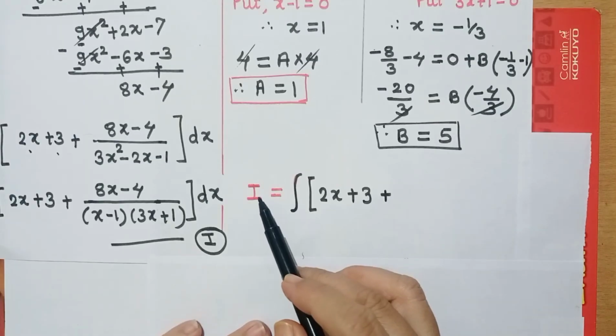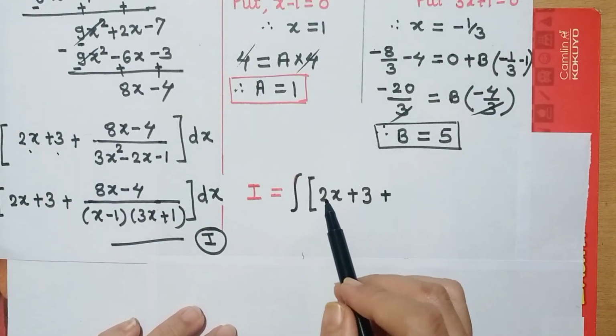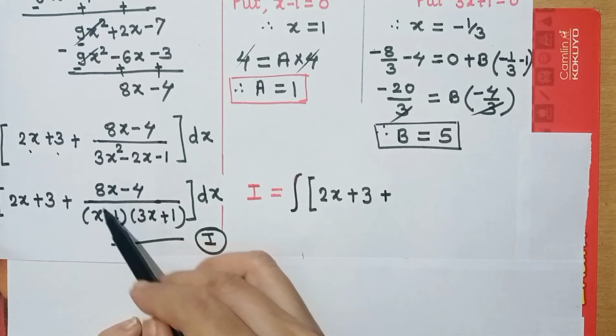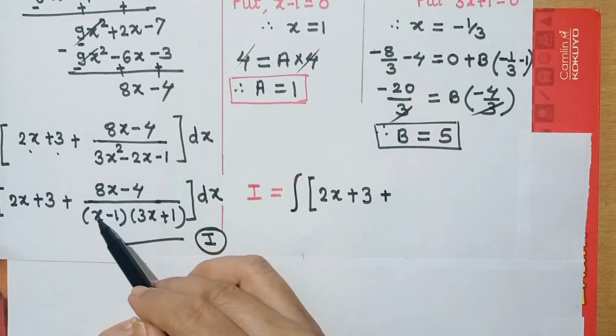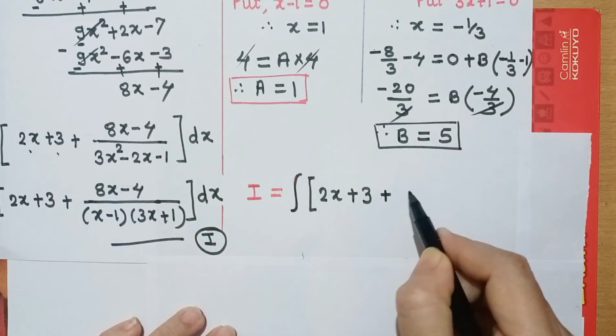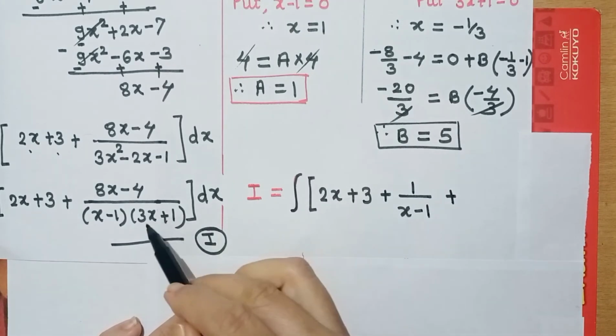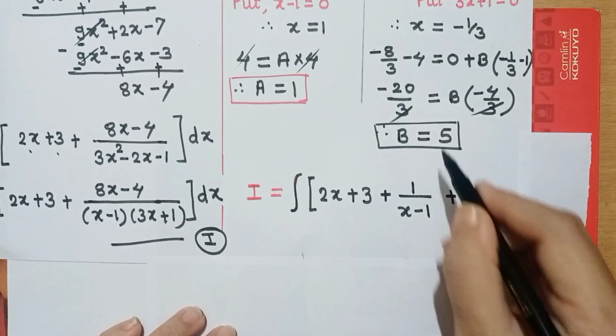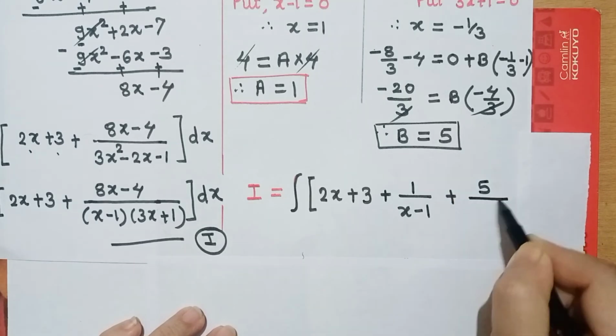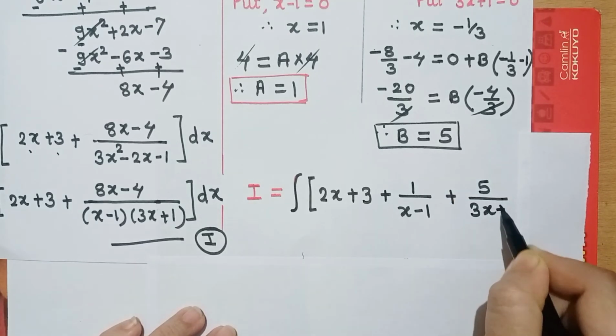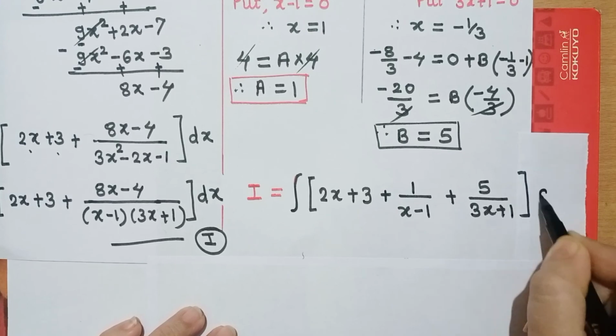Now look here, again we will write our integral 2x plus 3, and instead of this we are writing a upon x minus 1, but a is 1, so 1 upon x minus 1, and b upon the second factor, so b means what, 5 upon 3x plus 1 and into dx.